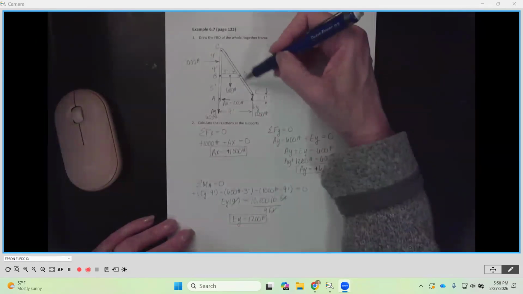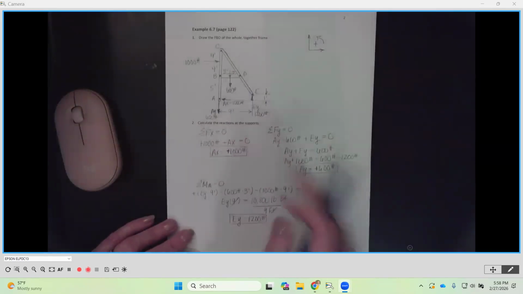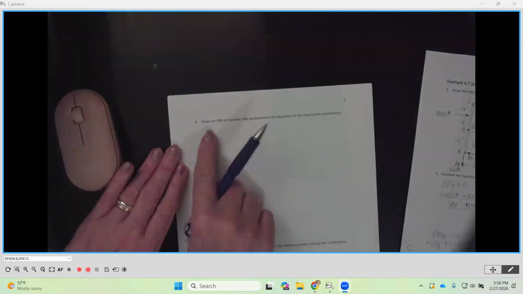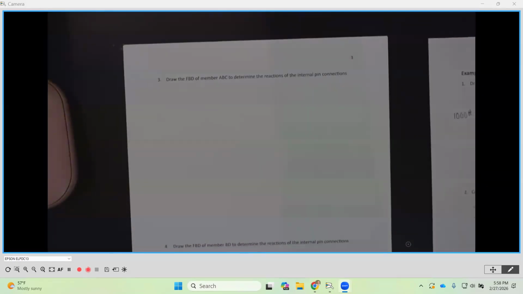And then C, D, E by itself, and then B, D by itself. So if we turn the page, I believe it has us starting with that vertical member. Yep. So it says, draw the free body diagram of member ABC to determine the reactions at those internal pin reaction or pin connections. Okay, so that's what we're going to do.